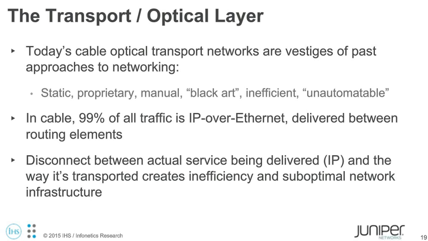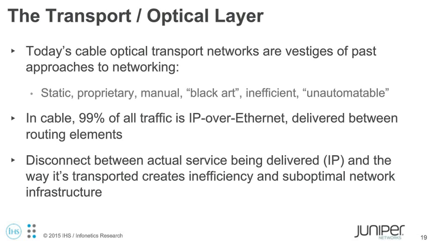We can automate all of that and create an environment where transport, routing, and the packet layer are all the same. And cable is actually quite ripe for this because in cable, as it says here, the vast, vast majority of traffic is already IP over Ethernet. It's the exception to the rule. In fact, it's the kind of rare exception to the rule where there is an actual requirement for an optical wave for a service.